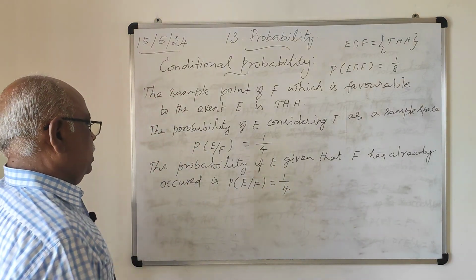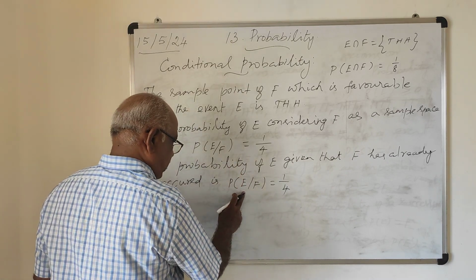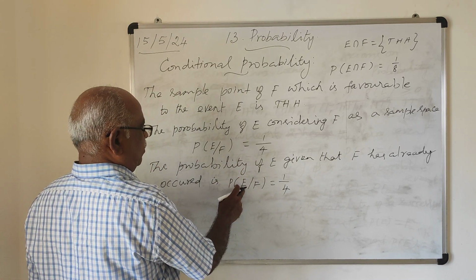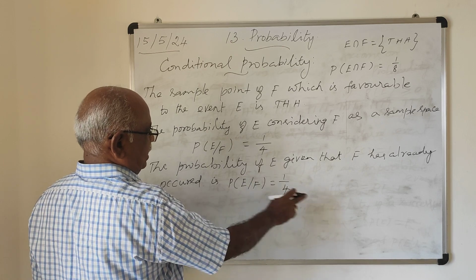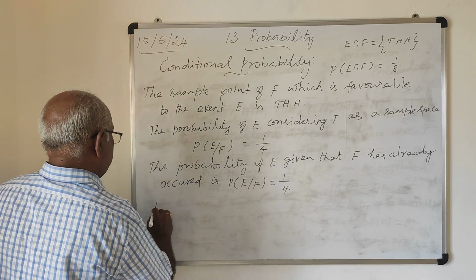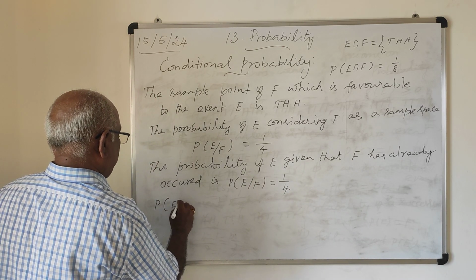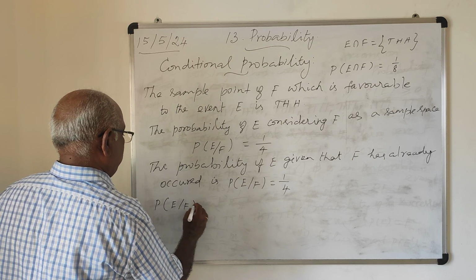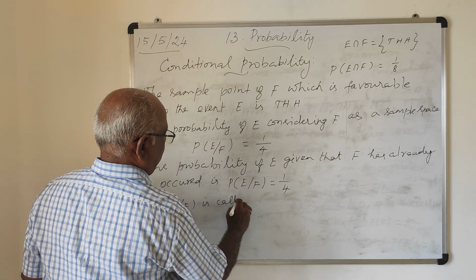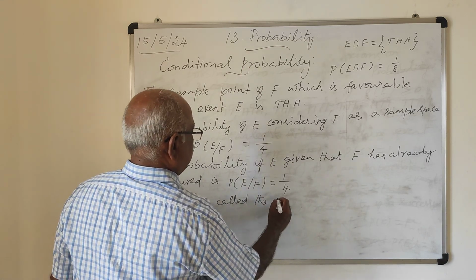So this is called the conditional probability of the event E, given that F has already occurred.